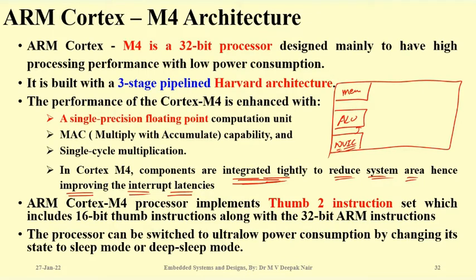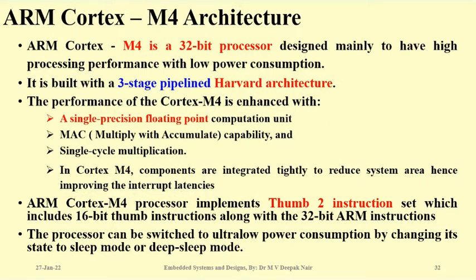We will look into the architecture in the image also. That will clear many of the things. This Cortex M4 processor can implement both 32-bit instructions as well as 16-bit instructions. So it supports both.